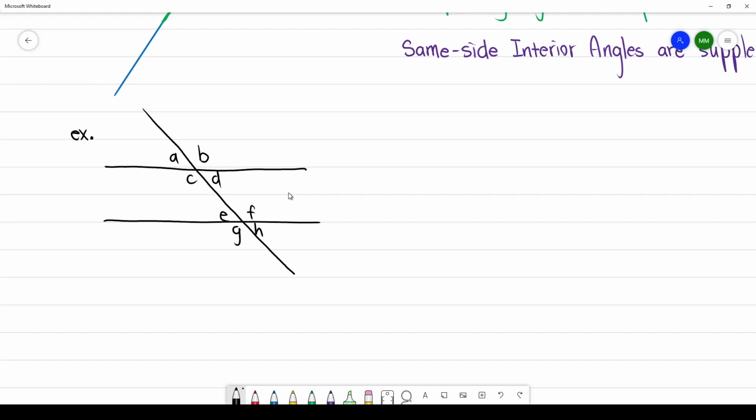So find all the alternate interior angles for me. There are two pairs. So A, B, C, D, E, F, G, H. Which pairs of angles are alternate interior in this diagram here?